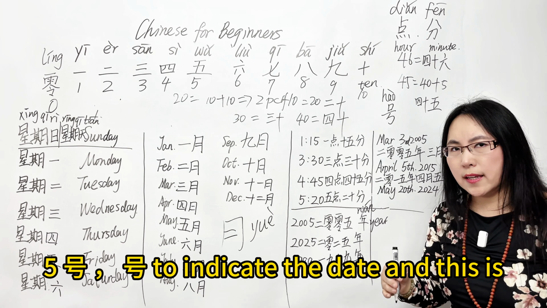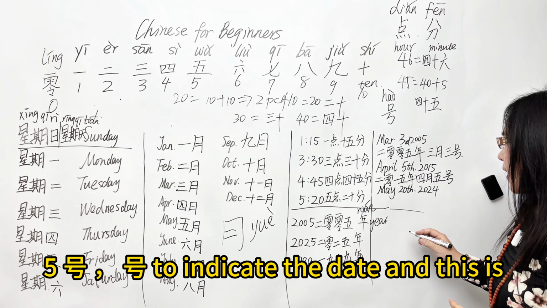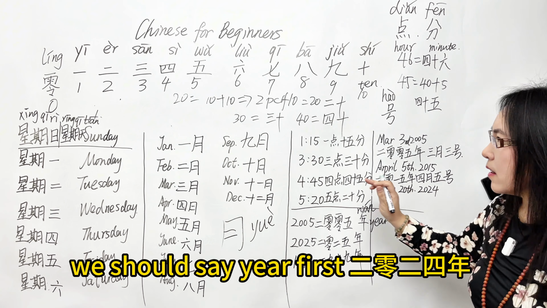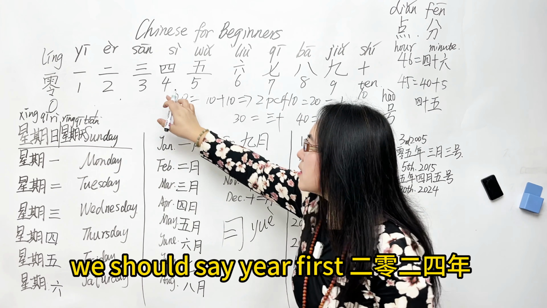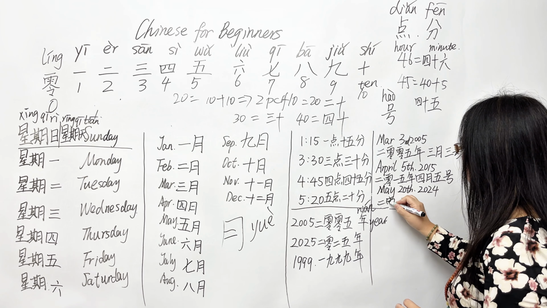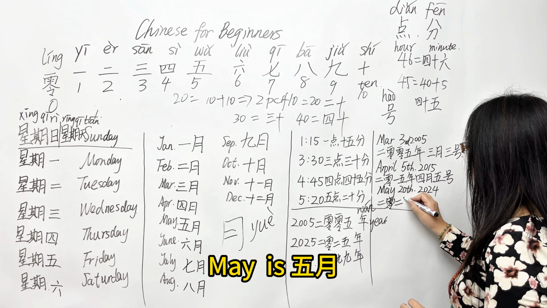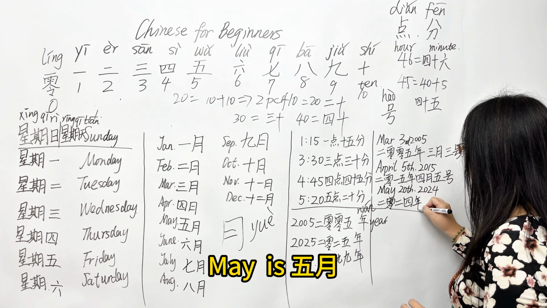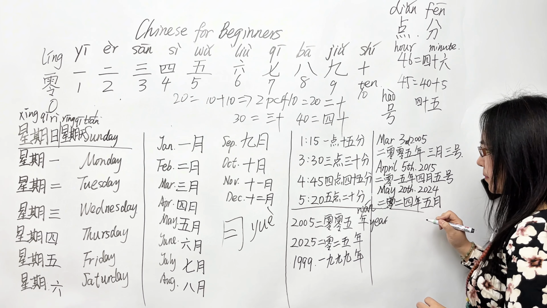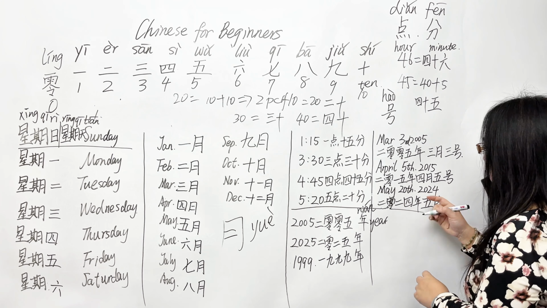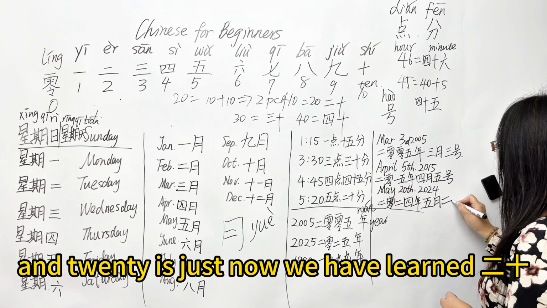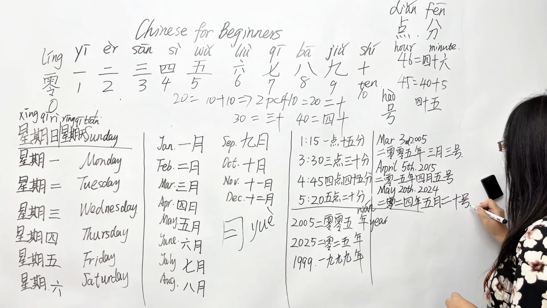And we should say the year first, 2024年, May is 5月, and 20 is 20号, which we have learned.